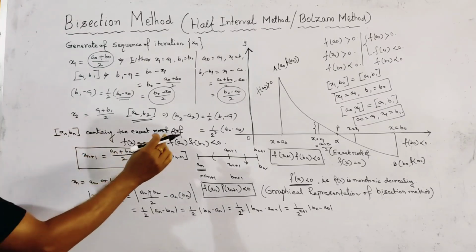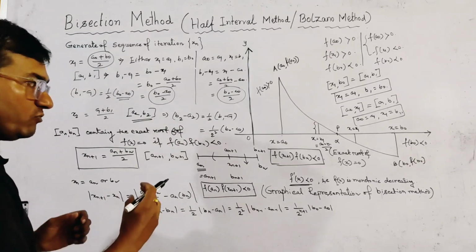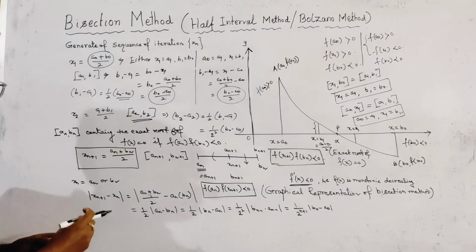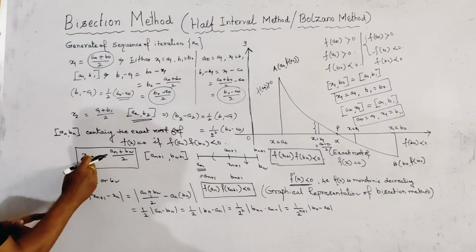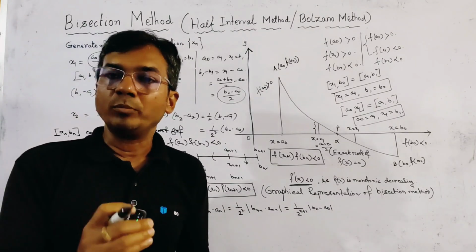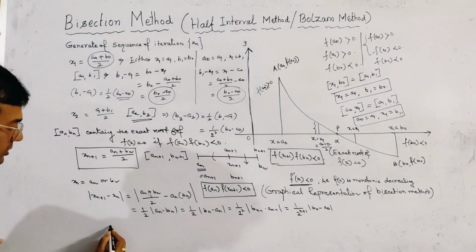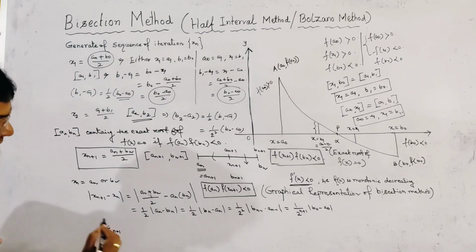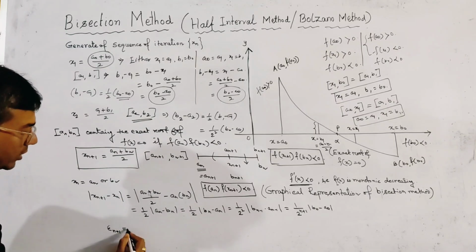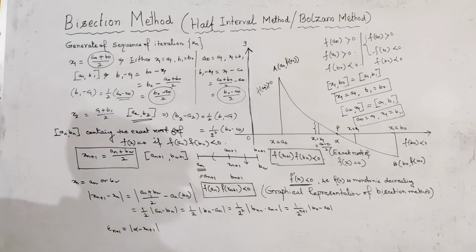Okay, now we get the n plus 1th approximation as this, and alpha is the exact root of this equation. Now we have to find the distance between the exact root and the approximate root, which is given by the error of this approximation, denoted by epsilon n plus 1, and this is mod of alpha minus xn plus 1.